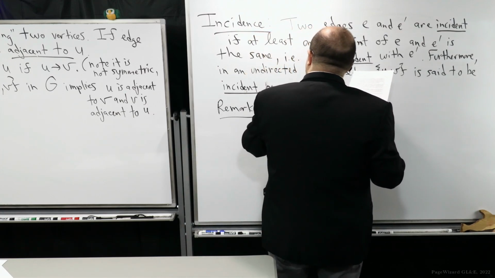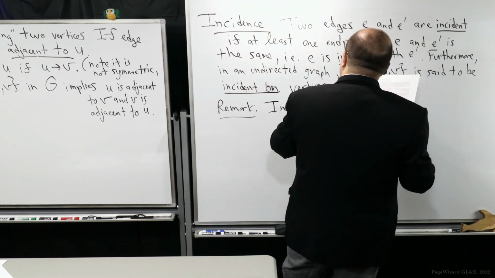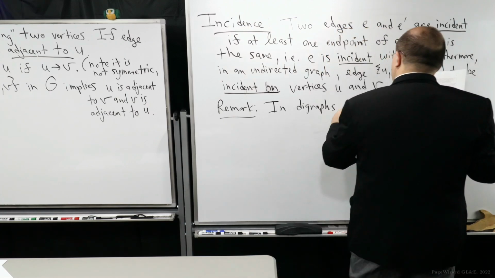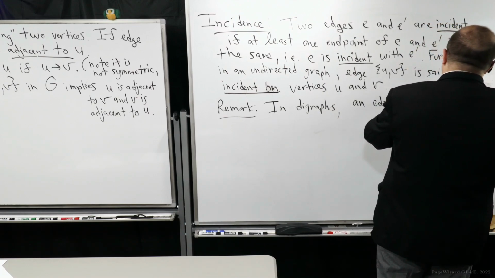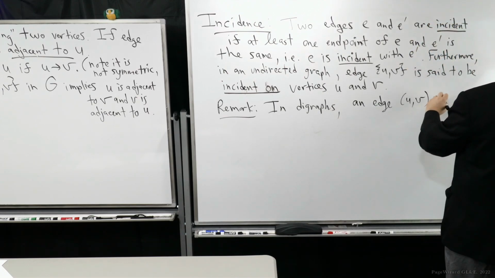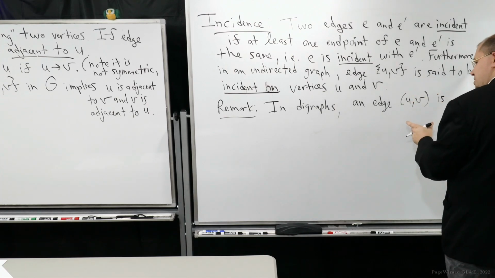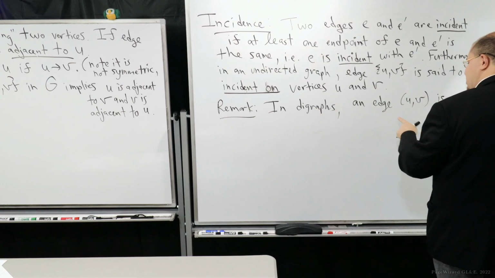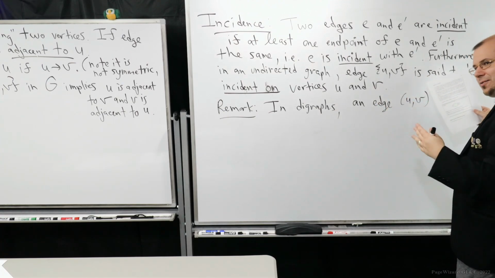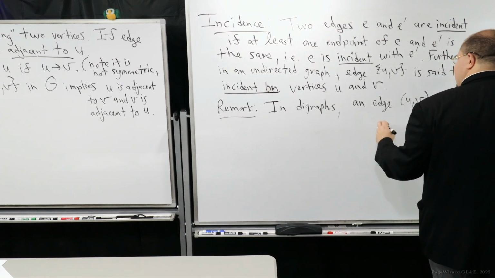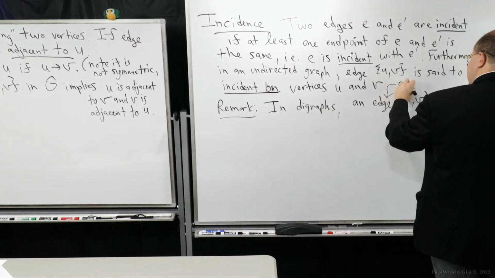So in digraphs, an edge uv, so remember it's an ordered edge, so it's directed. So remember it's a digraph, it means it's a directed edge, so this is technically an arc. So just be very clear. I'm trying to expose you to several ways somebody can write this stuff down. So remember this is an arc.